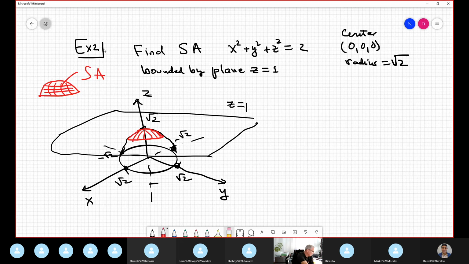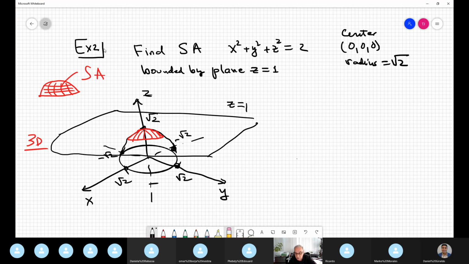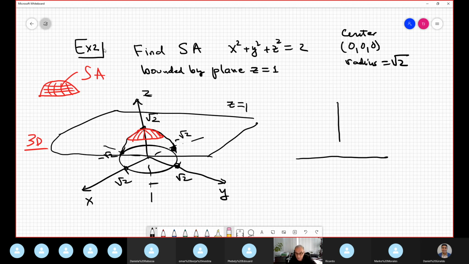If you want to see it much better, remember my recommendation, always one 3D picture and one 2D picture. For example, one lateral view, x or z. We have a sphere like that, and this distance is radical 2.